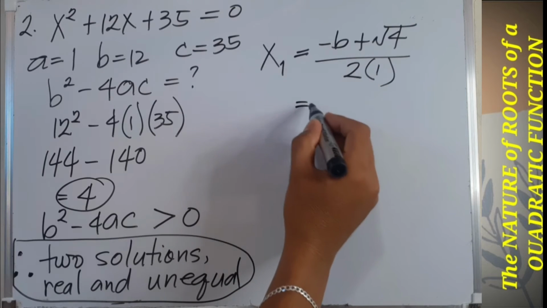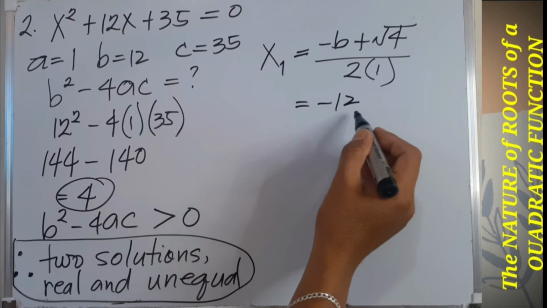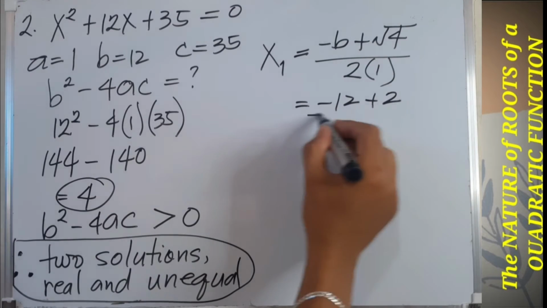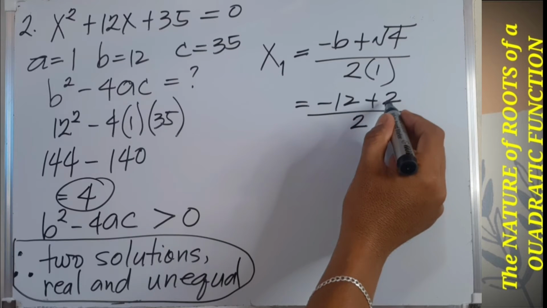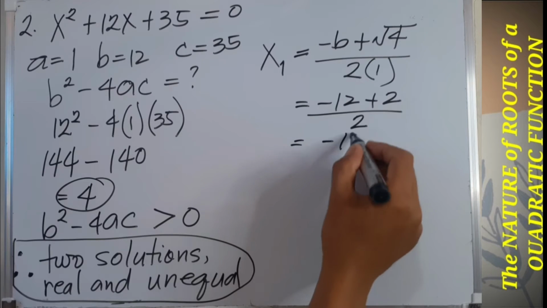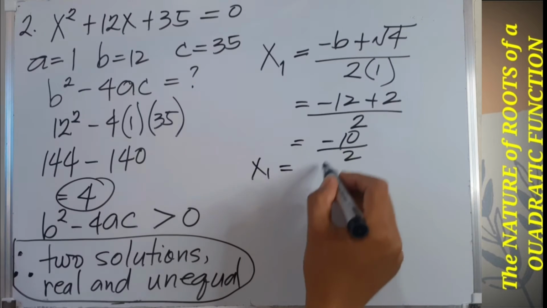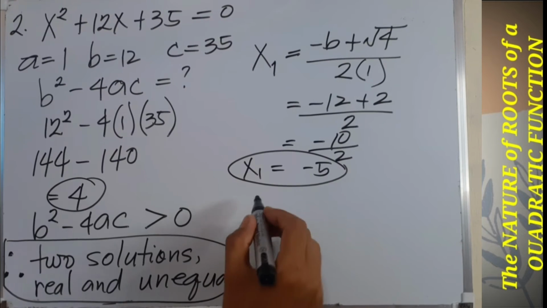Negative b is negative 12 plus square root of 4 is 2, divided by 2. Negative 12 plus 2 equals negative 10 all over 2. So our x sub 1 is negative 5. How about the x sub 2?